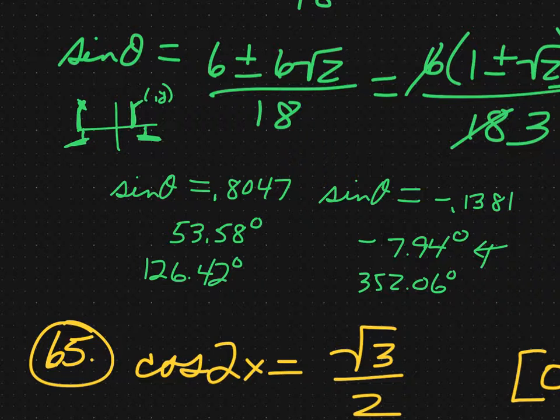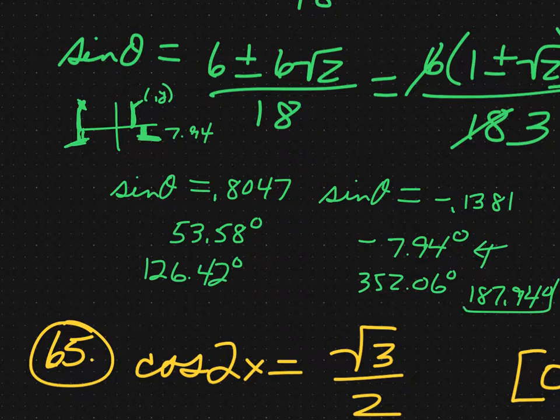Okay, so if we think about the reference angle here, it'd be 360 minus 352.06. It makes it 7.94, which means this angle has to be 7.94 degrees past 180, or 187.94.